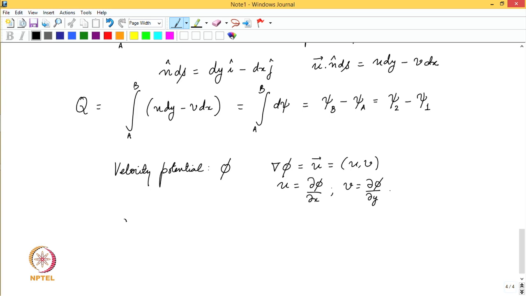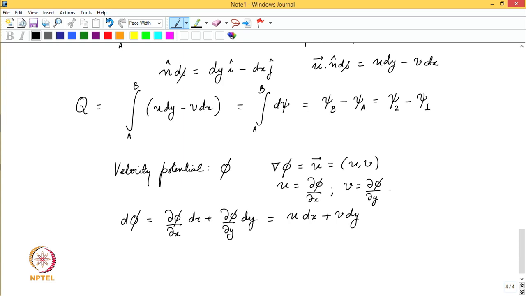So, let us consider the total change in the function phi. So, d phi would be d phi dx dx plus d phi dy dy, which we can now write as, d phi dx being u, u dx, d phi dy being v, v dy.